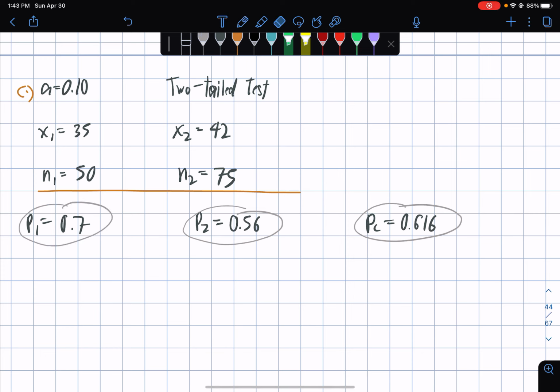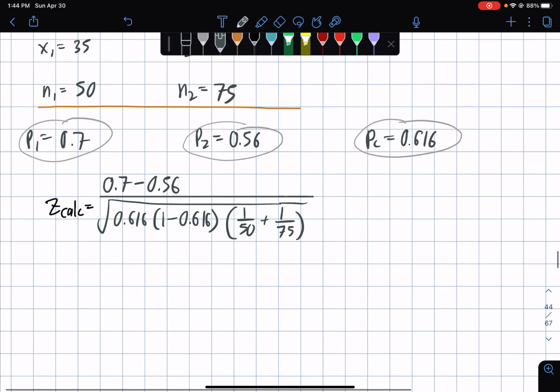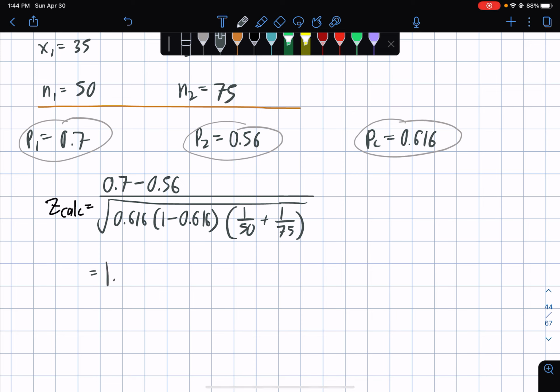And then the Z-calc is equal to P1 minus P2 divided by the square root of 0.616 times 1 minus 0.616 times 1 over 50 plus 1 over 75. So this is 1.577 Z-calc.